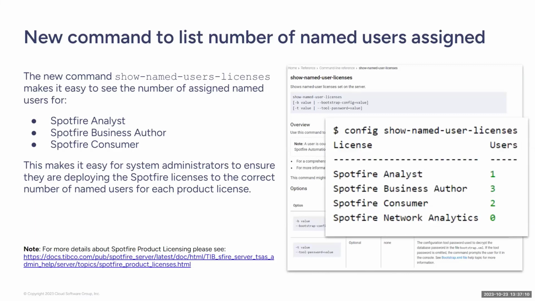So this is how the output of the show-named-users-licenses command looks. And in this case, you can read that the admin of the system has assigned 1 Spotfire Analyst named user, 3 Spotfire Business Author users, and 2 Spotfire Consumer named users. And notice that you can read more about the Spotfire product licensing in the product documentation.